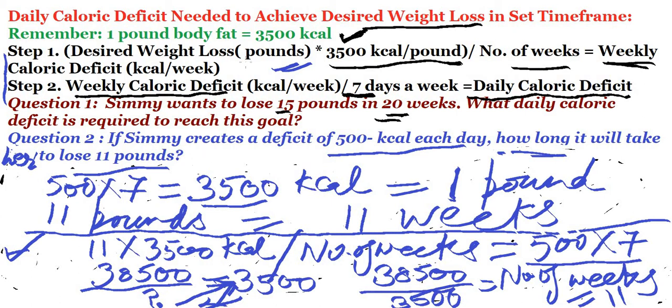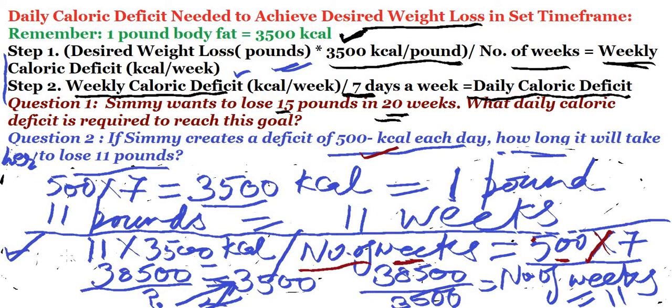But if you are using the formula as given in step 1 and step 2, then you write desired weight loss, 11 pounds, multiplied by 3,500 kilocalories and divided by number of weeks, which we are not aware of, is equal to a weekly calorie deficit of 500, because every day it will be 500 calories each day multiplied by 7.